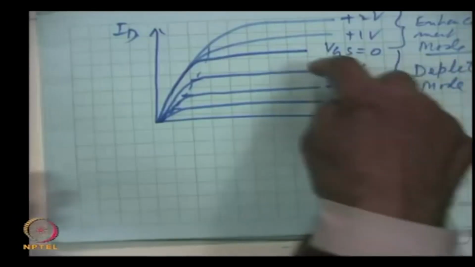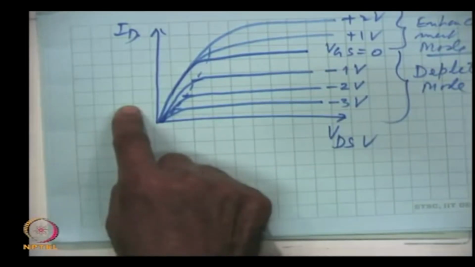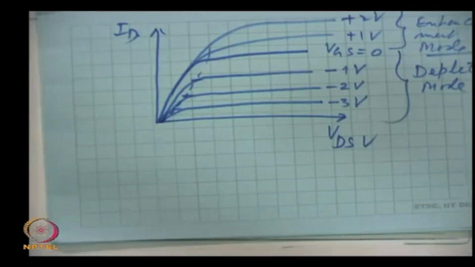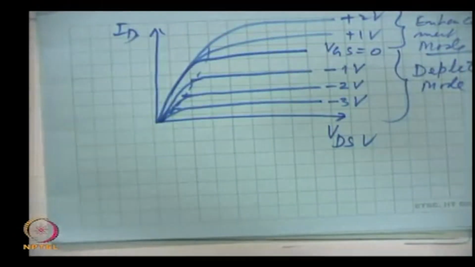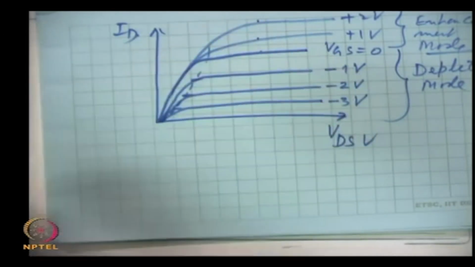If the gate is negative with respect to source and we keep on increasing that negativity, current will fall, because the depletion region will penetrate more and more in that channel region, and by giving a positive voltage, more negative charges will be induced by the field in the channel region and the conductance will increase. So, for the same voltage, more and more current will appear here. This is higher than this and this is higher than this.